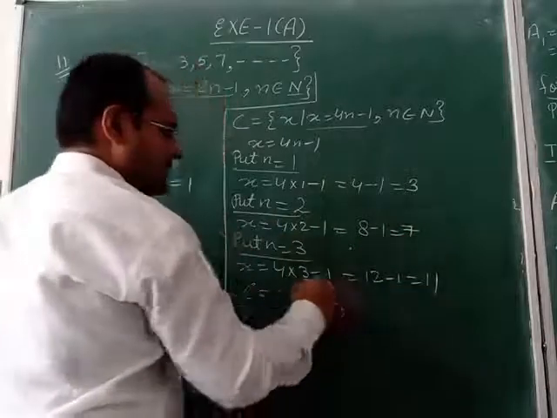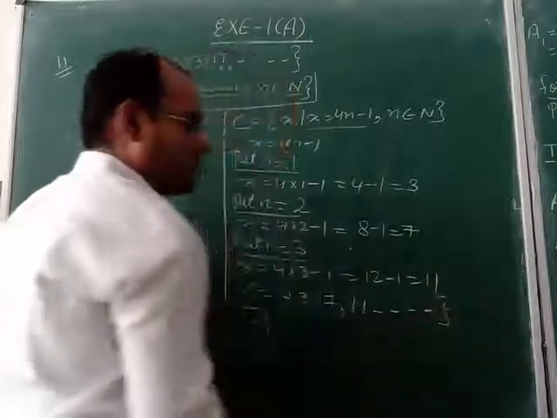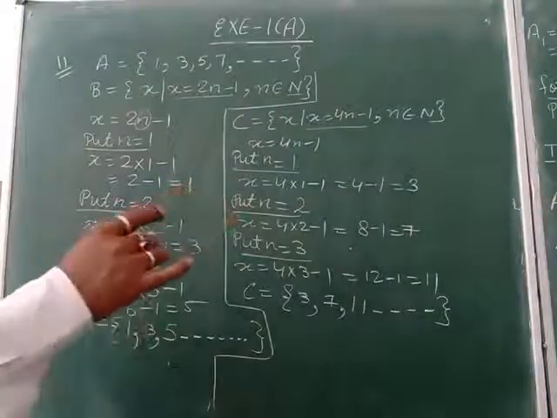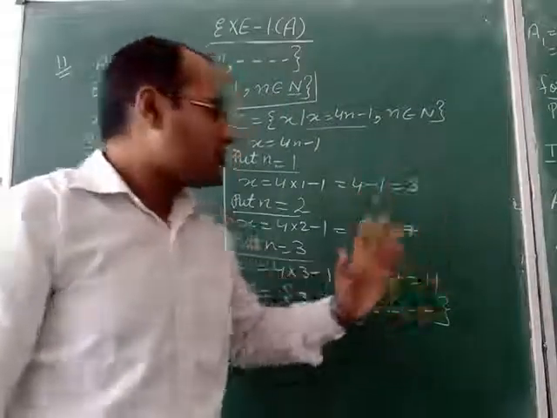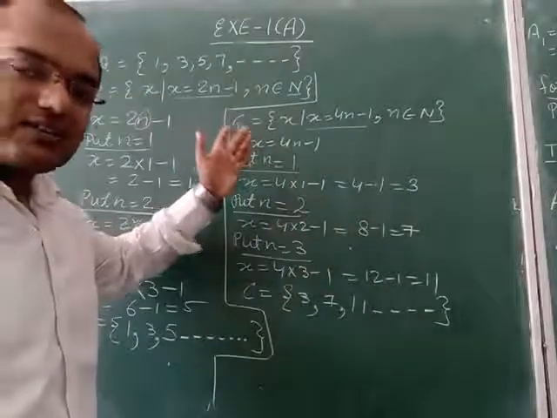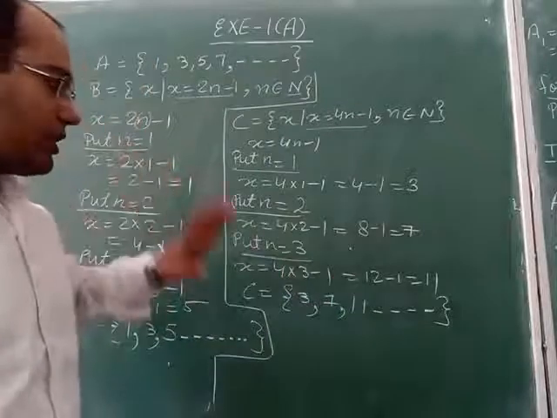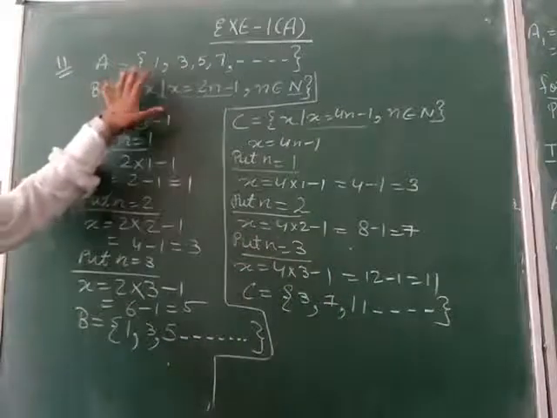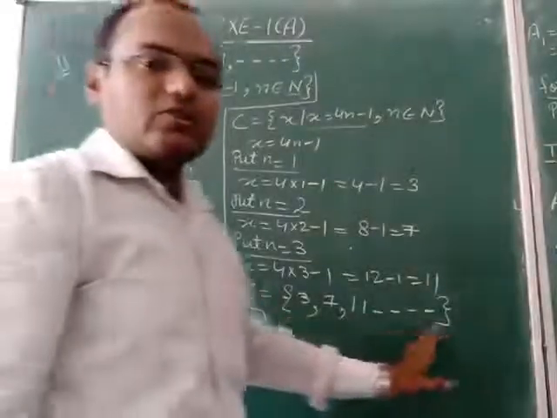Third answer is 11. And this answer will keep on coming as we don't know where this n values will go to end. When this n value will end, we don't know. So values of set C will be infinite values. Now set A we are having. This set A is also infinite set. Set B is also infinite. Set C is also infinite.